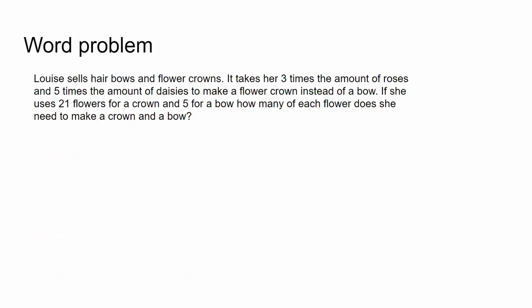Now we're going to try a word problem. Louise sells hair bows and flower crowns. It takes her 3 times the amount of roses and 5 times the amount of daisies to make a flower crown instead of a bow. If she uses 21 flowers for a crown and 5 for a bow, how many of each flower does she need to make a crown and a bow? So x equals roses and y equals daisies.